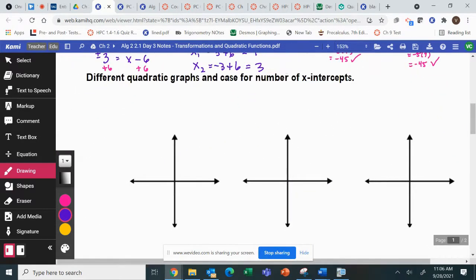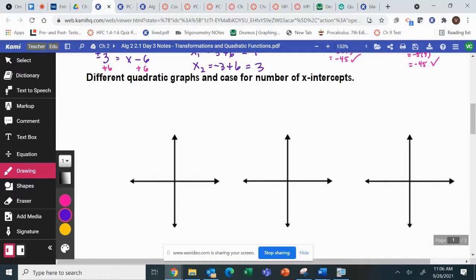Okay, the next thing leading up to today is let's talk about x-intercepts with parabolas, with quadratics. We know that quadratics are what shape? U-shape. So we have different cases that give us different amounts of x-intercepts.